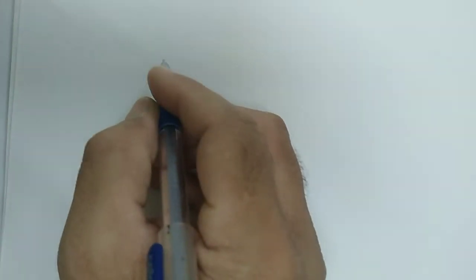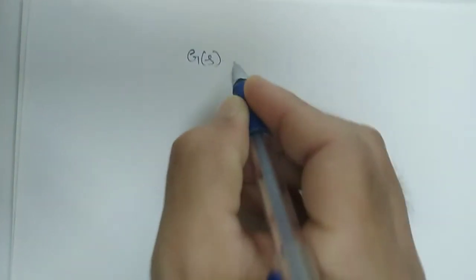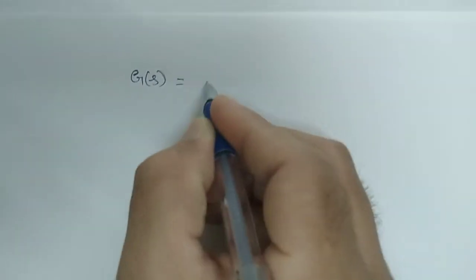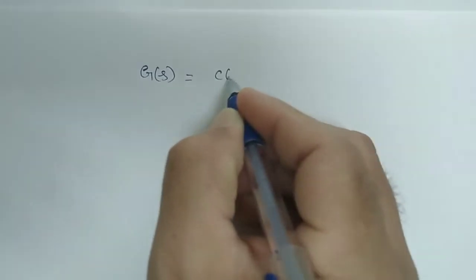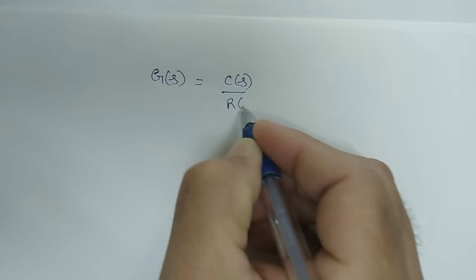So we have seen that the transfer function G of s is equal to C of s by R of s.